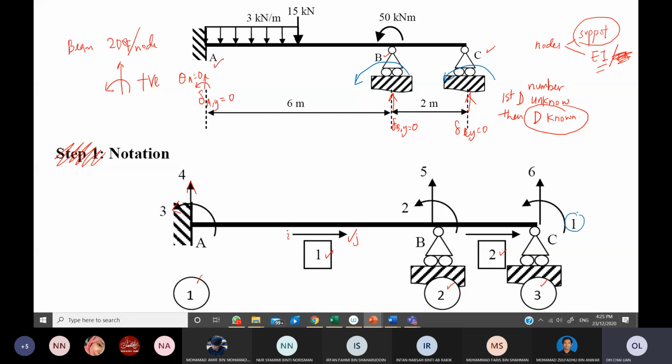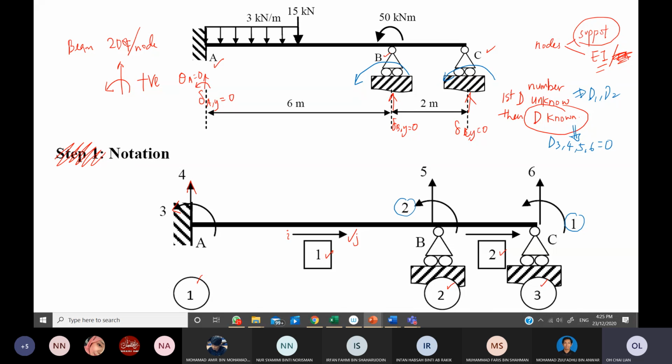I can name this 1, 2, or if you want to name this number 2 as 1, no problem. We name the unknown first, later the known. So 3, 4, 5, 6 are known. I will write here that 3, 4, 5, 6 are all equal to 0. They are known. The unknown is only D1 and D2.